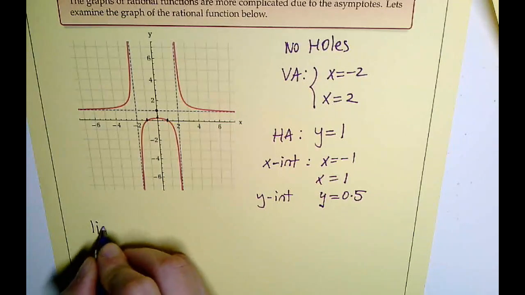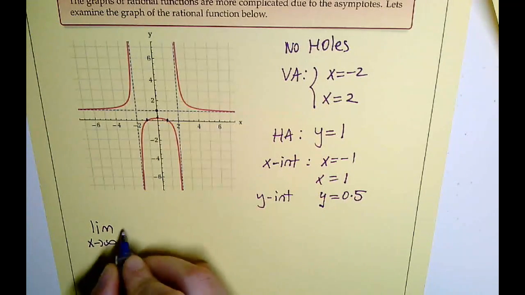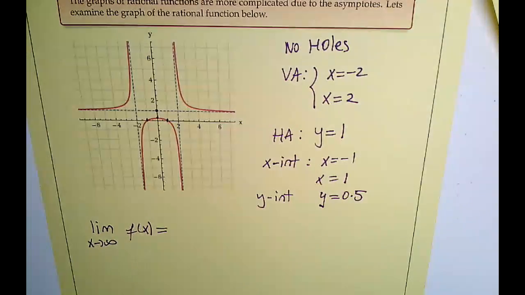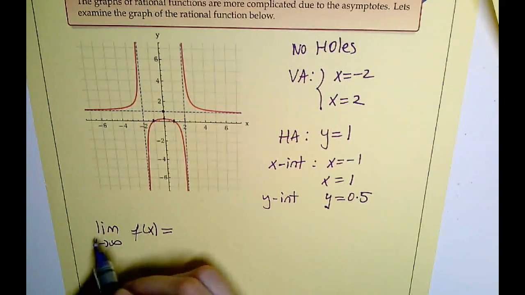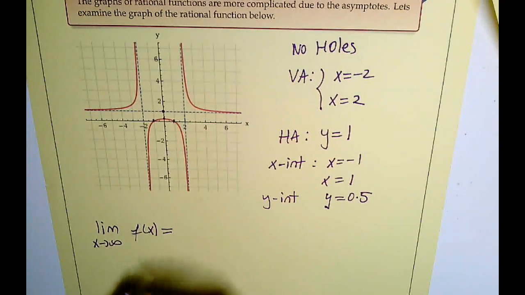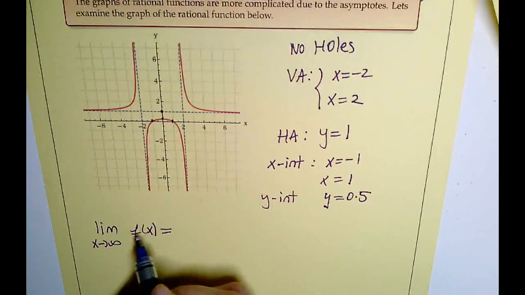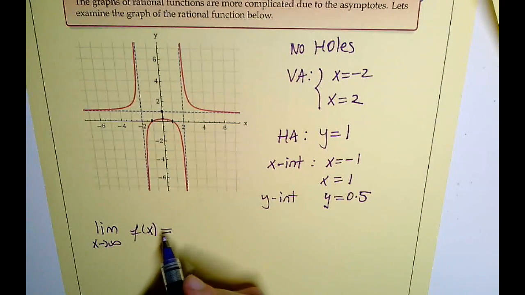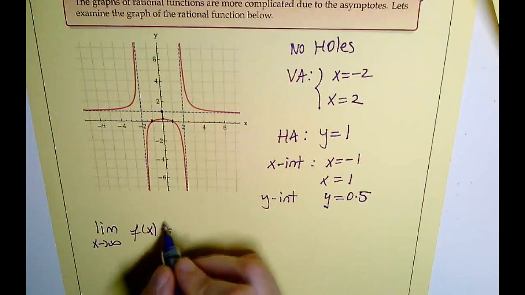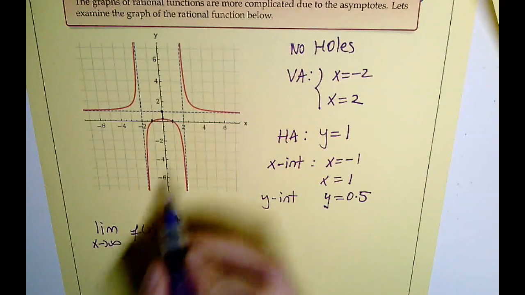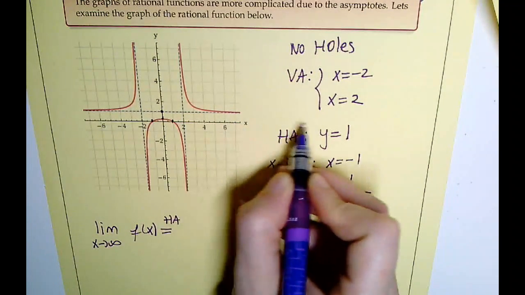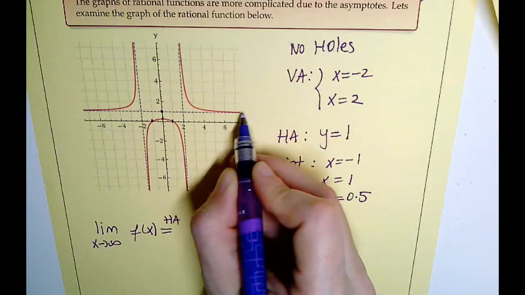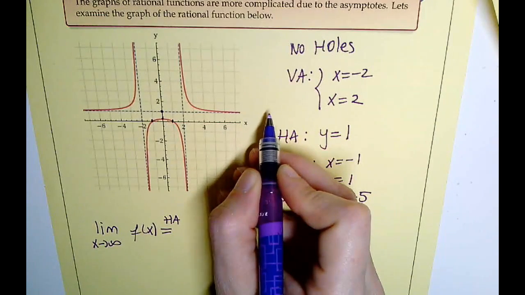Also, what is the limit as x goes to infinity of this function f of x? As x goes to infinity, or as x goes to negative infinity, the function is going to approach the value of the horizontal asymptote, because as x gets large, the graph gets closer and closer to the horizontal asymptote.